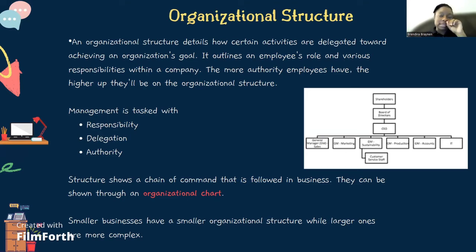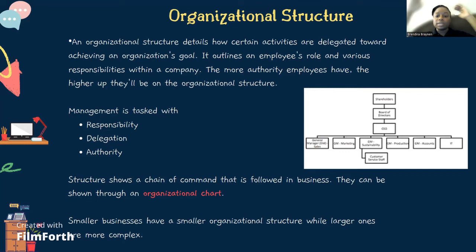So that's just like what I said earlier with a human resources department. The organizational structure of a human resource department can be one person working in it, or there can be an HR manager, an HR supervisor, an HR staff or HR clerk. That would be the organizational structure.